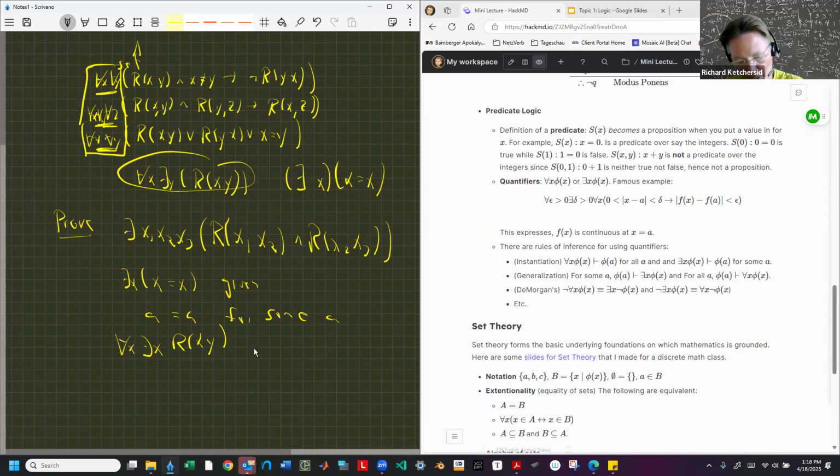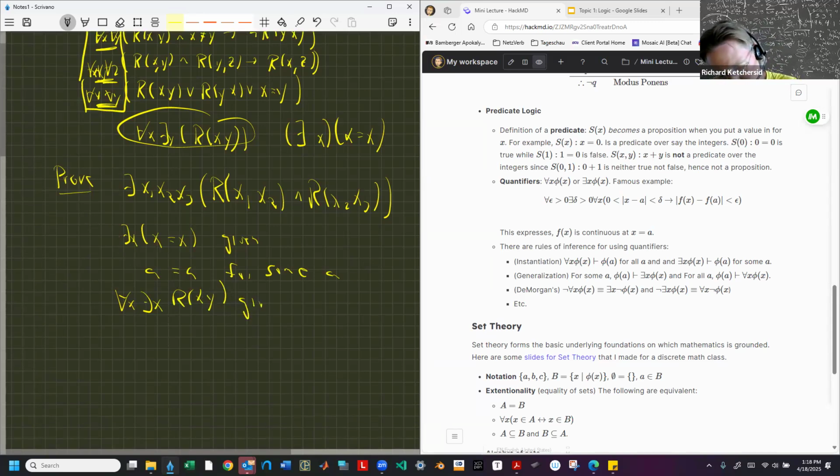I have that as one of my axioms, so this is a given again. And this is kind of like a game, you really should know this game. And I'm going to use instantiation again. So there exists a y such that r of a y, right?